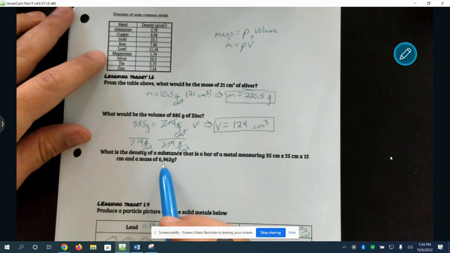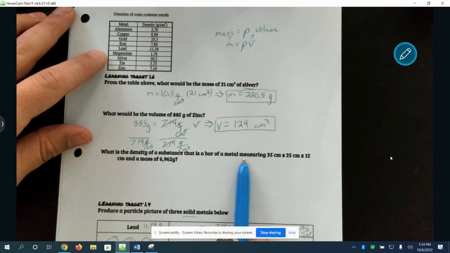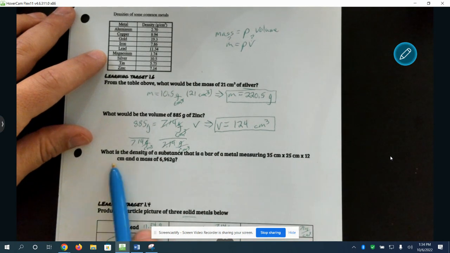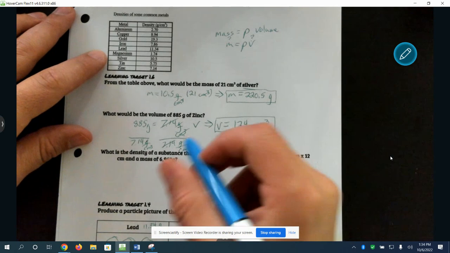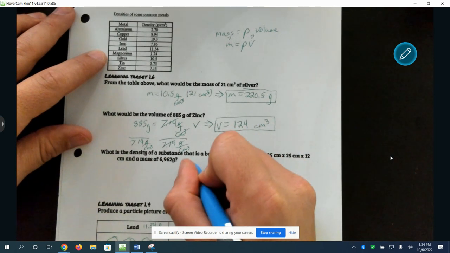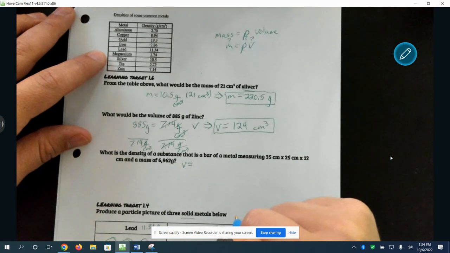And finally, this one, a little bit trickier of a problem. I want to know the density of a substance that has these measurements and this mass. So I first need to find the volume because it's not given to me, and I need to know the density. This is my new question mark here.